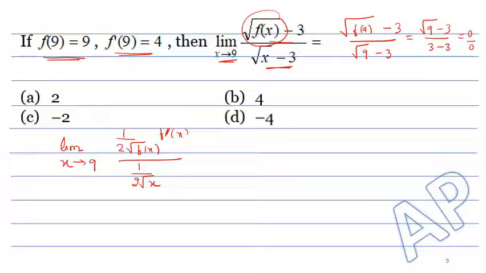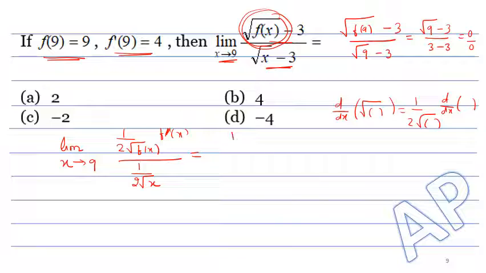You know that when you apply chain rule, d by dx of root of something is 1 by 2 root of something into d by dx of something. According to that, when you differentiate root of f of x, it is 1 by 2 root of f of x into f dash of x.